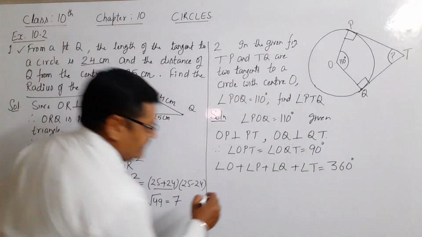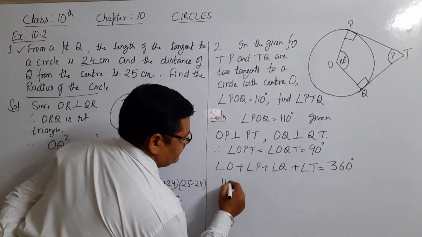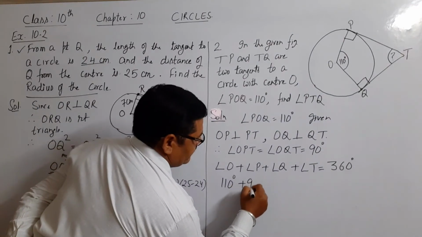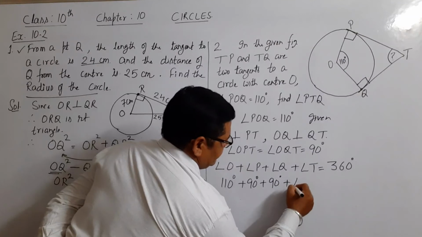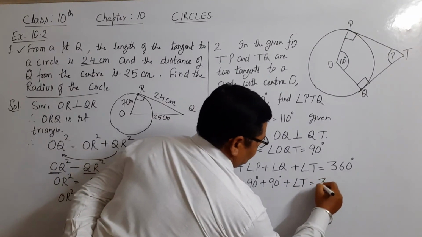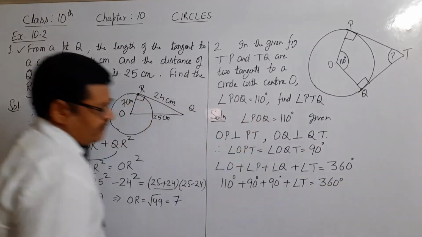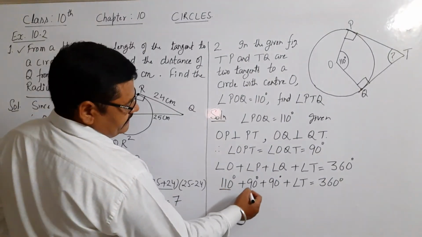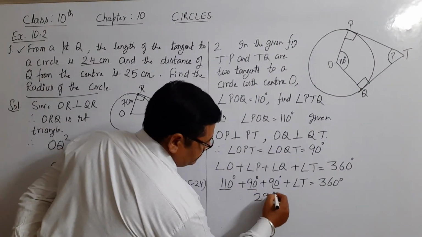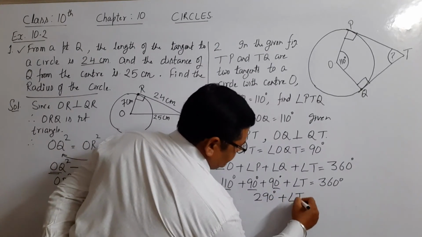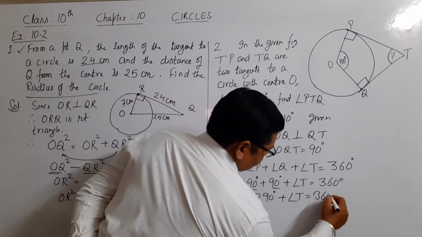So angle O is 110 degree plus 90 degree plus 90 degree plus angle T is equal to 360 degree. 110 plus 90, 200 plus 90, 290 degree plus angle T is equal to 360 degree.